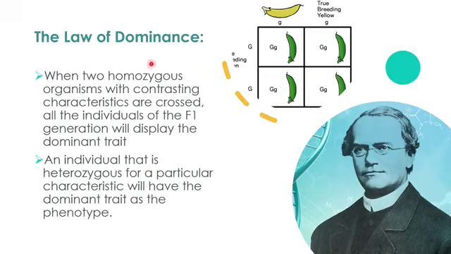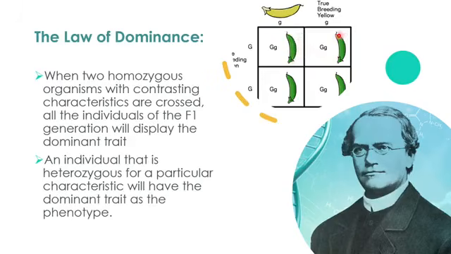So his first law is the law of dominance, and you'll see in your textbook that there are many examples with peas, and he spent a lot of time looking at peas and did experiments with them, and he basically crossed a purebred long pea with a purebred short pea, right?